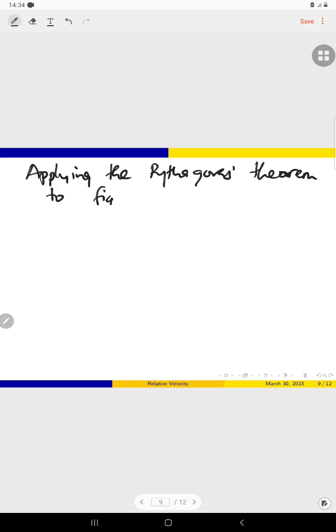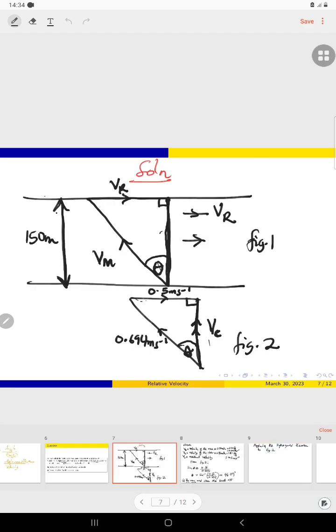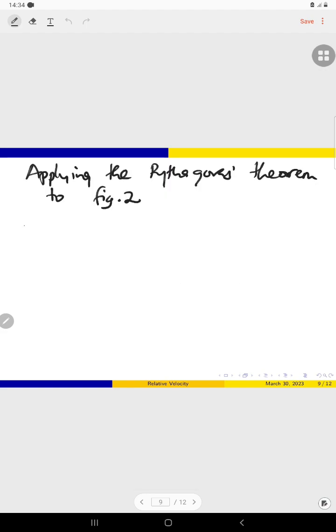Okay, so I don't want to complicate things. So let me just move on straight. I don't want to redraw again. Applying the Pythagoras theorem to figure 2. What do you get? If you want to apply Pythagoras theorem to figure 2, then it's going to be the hypotenuse squared, which is 0.694 squared, equals 0.5 squared plus our VC squared.